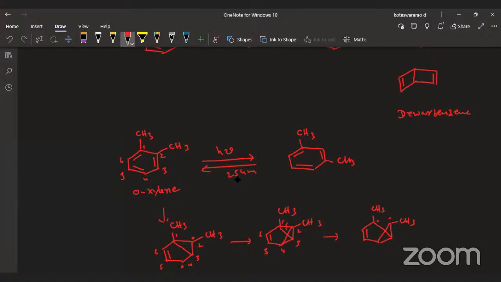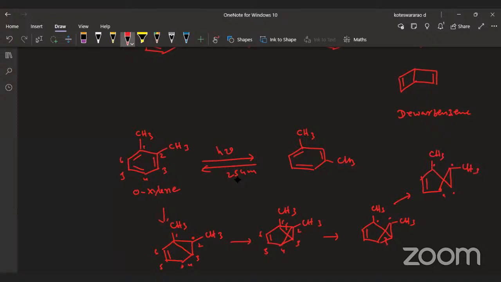What is the C3 and C4? This is the C3 and C4, right? Then this bond will undergo cleavage. Then it leads to the species that is generated. Look at here, four radicals are there. Now these two radicals are combined together. These two radicals are combined together.